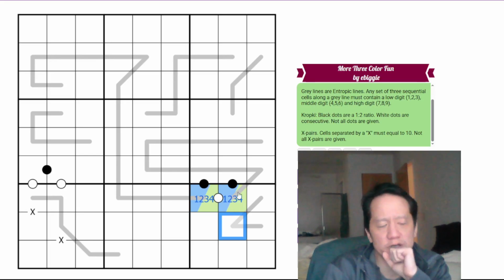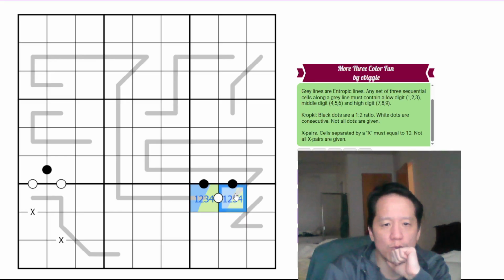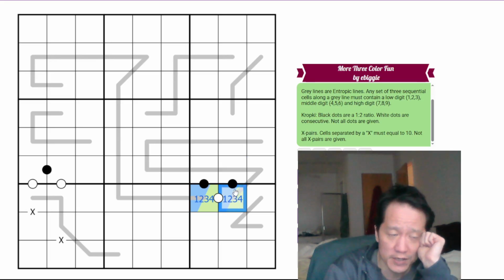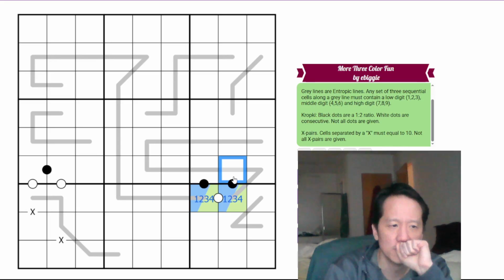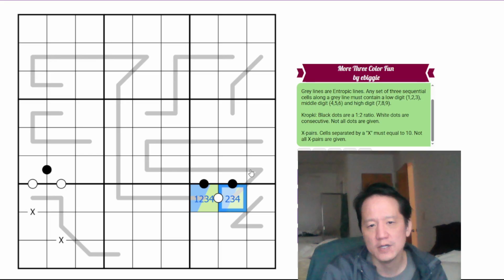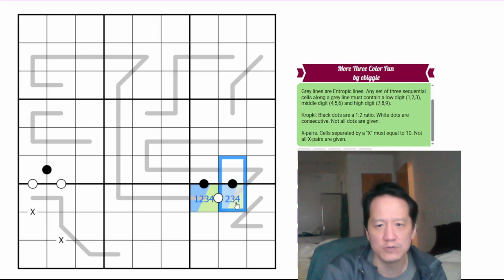Now the question becomes, what do these digits have to be, right? These 3 digits have to be different sets. So this cannot be the same set. So if this is 1, this would have to be 2, which is not the same set. So this can never be 1 here. This cannot be 1 either, because if that's 1, this has to be 2, and then they're the same set, the low digit, right?